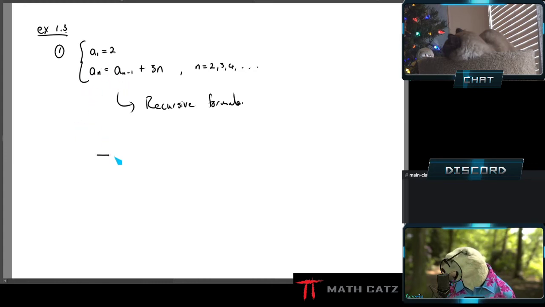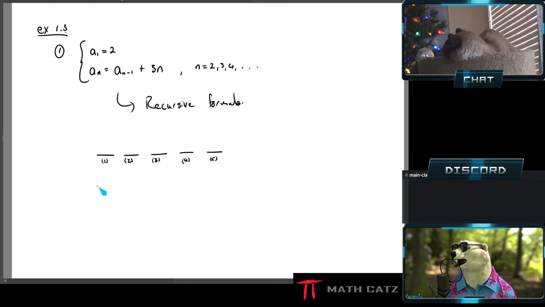All right, so I have 1, 2, 3, the same goal. Need to find the first 5. Position 1, position 2, position 3. Now this one is maybe a little bit more spicy because it uses the position value as well as previous terms. It can be whatever it wants to be. I just have to use it.